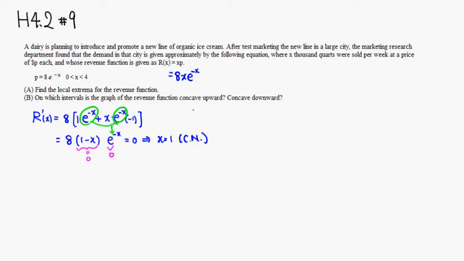Then we're going to look at the sign of the first derivative. Draw a number line, and x equals 1. We're interested in r prime. Let's try anything smaller than 1, so x equals 0, and bigger than 1, so x equals 2.